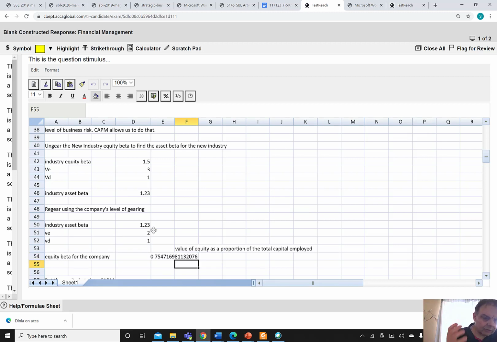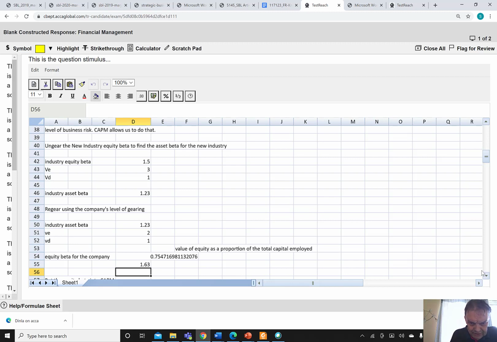So that gives me a ratio of about 3/4. And all I then need to do is to say, okay, well, I've got a value of 1.23, the asset beta, divided by the ratio gives me 1.63.